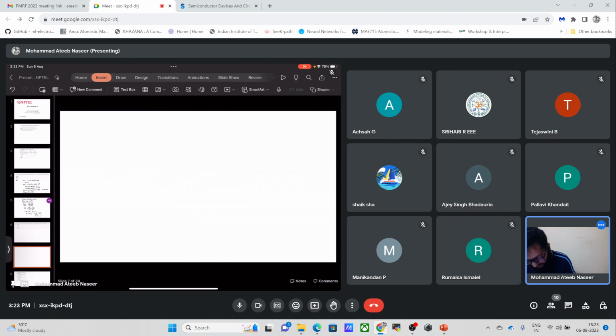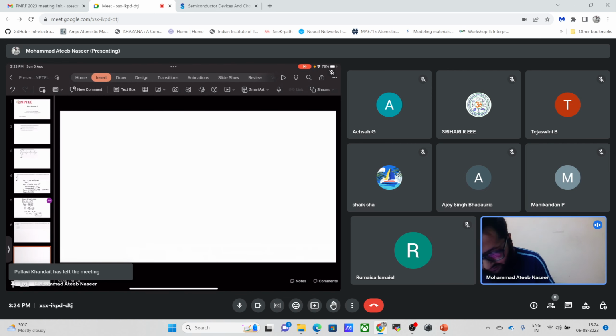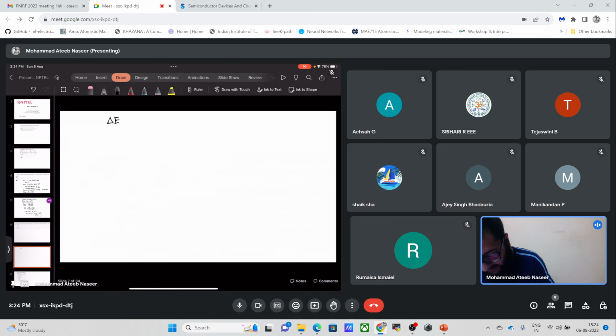Now we have to do this energy conservation, and we can say this delta E, which is E4 minus E1, is simply the difference between these two energies, which is 16 minus 1 times pi square h bar square by 2m l square, which is simply equal to 15 pi squared h bar square by 2m l square.